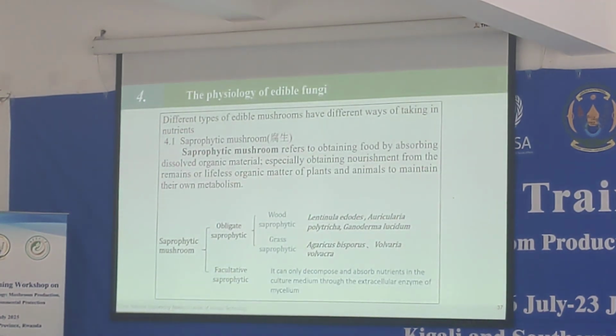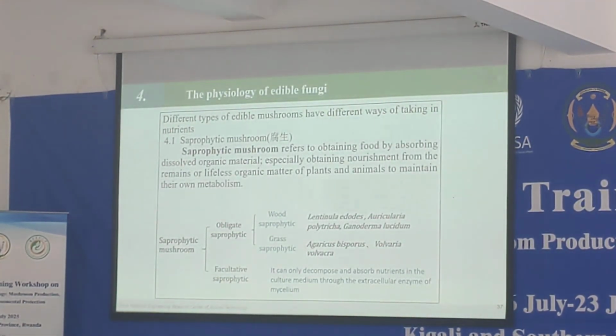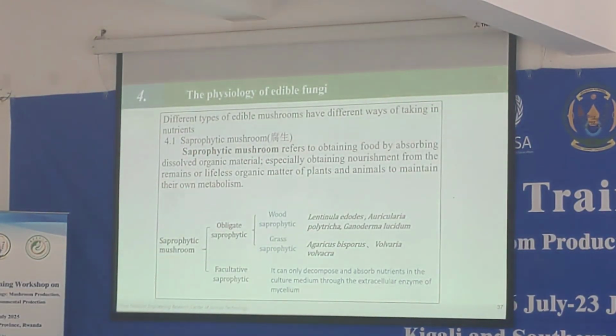Shiitake mushroom, auricularia and ganoderma belong to wood saprophytic mushrooms. And volvariella and agaricus mushrooms are grass saprophytic. The mycelia, through extracellular enzymes, decompose and absorb the nutrients from the culture medium.